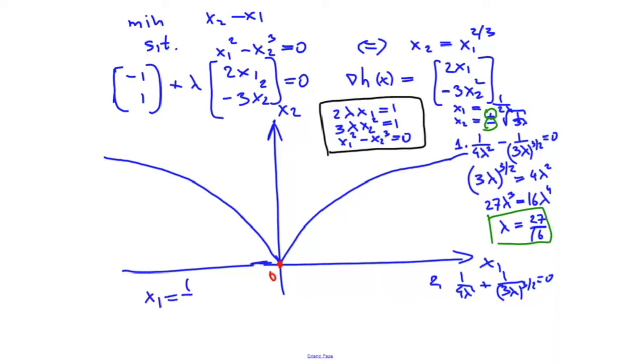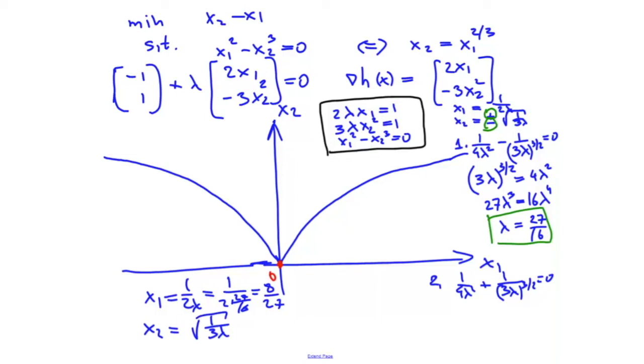and then x1 is given by 1 over 2 lambda, which is 1 over 2 times 27/16, which is the same as 8/27. And then for x2, we have square root of 1 over 3 lambda.